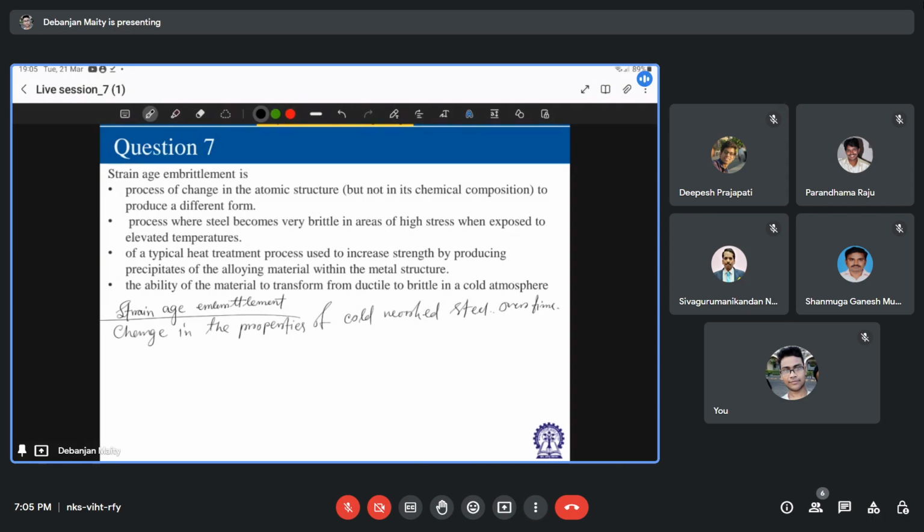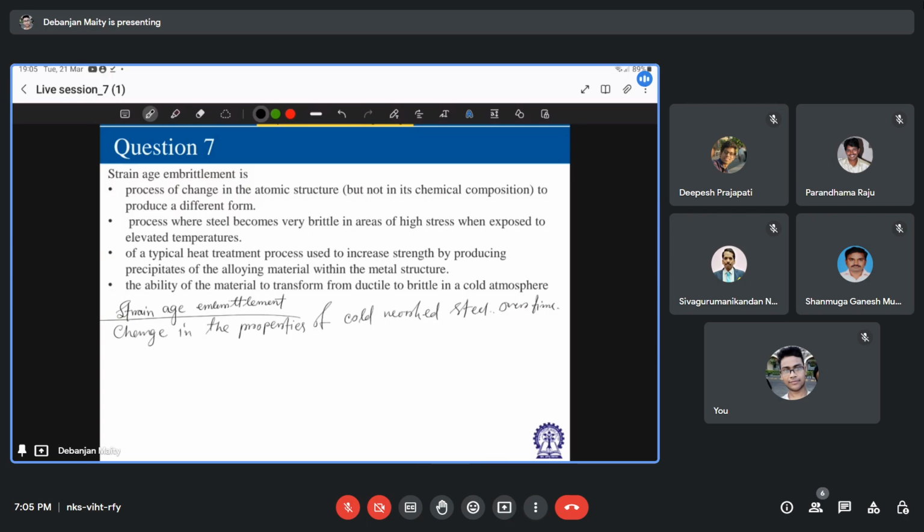For strain aging to occur, two components are necessary. The first component is that stresses must be induced into the steel prior to the process, and this normally occurs through cold working, right?